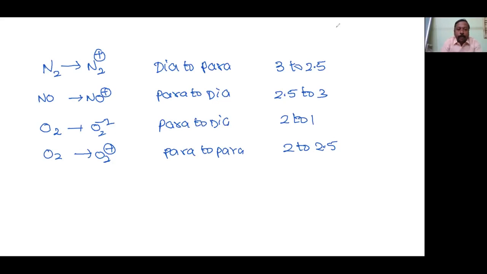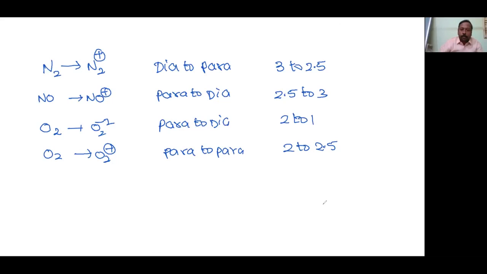Same way, NO to NO plus, para to dia, and bond order is changing from 2.5 to 3. Oxygen, O2 to O2 minus, para to dia, and bond order is changing from 2 to 1. O2 to O2 plus, para to para, and bond order 2 to 2.5. So these are the details. Now let us cross check which is correct.